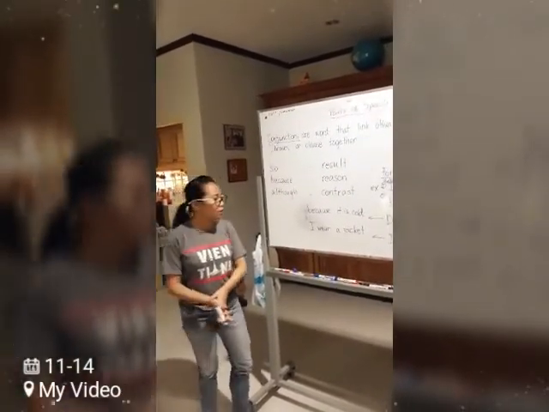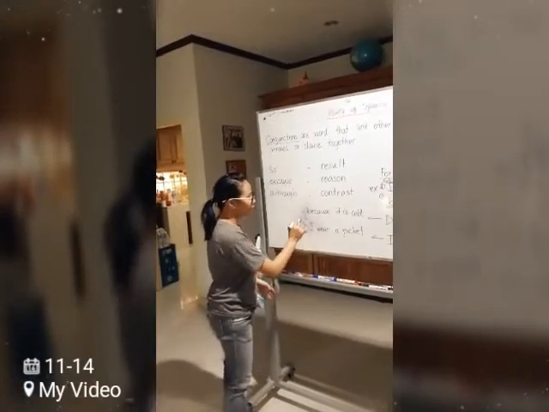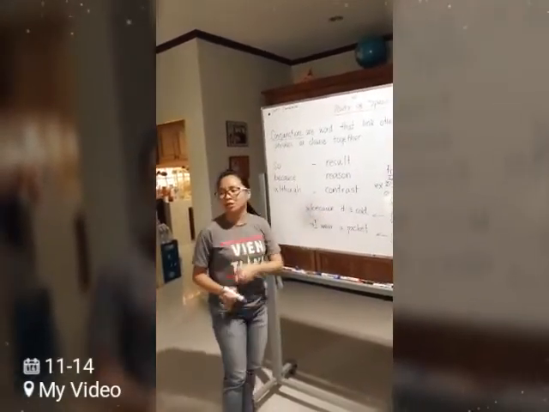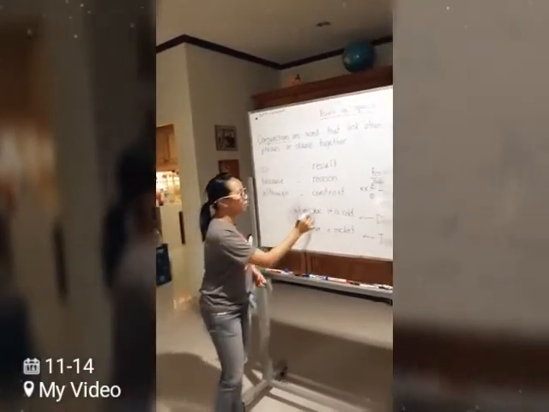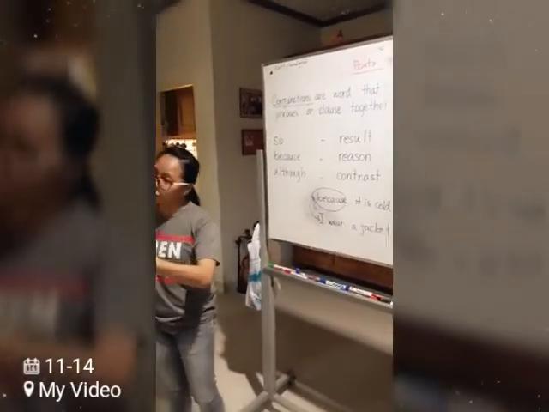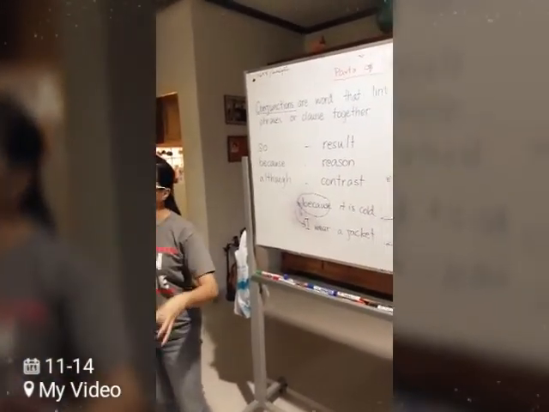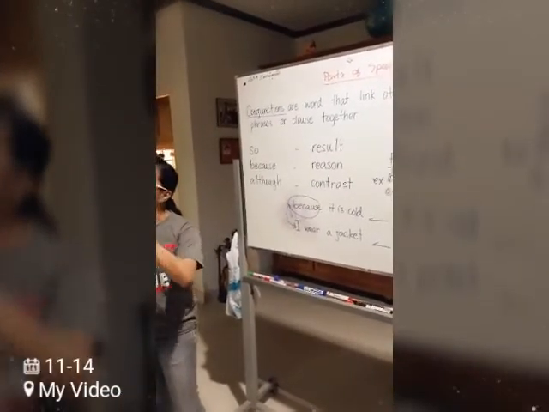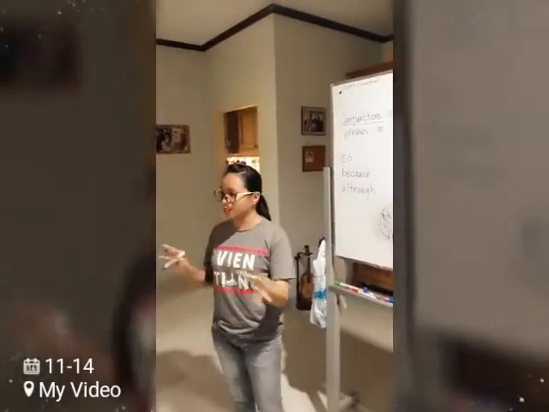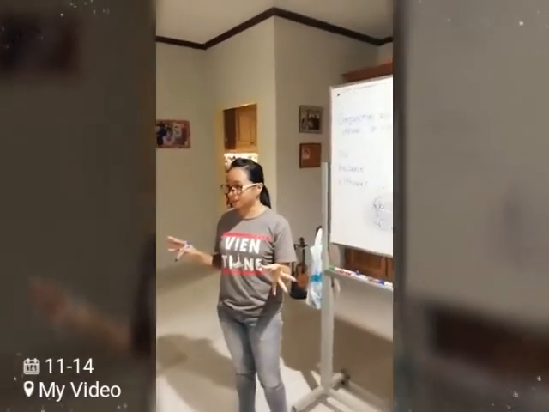Okay, so now, when I add them both, I wear a jacket because it is cold. So that's why we are going to use the conjunction because to connect two clauses, to connect independent and dependent clause together to have a complete sentence. Do you understand?